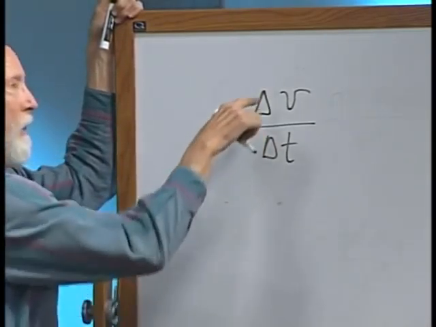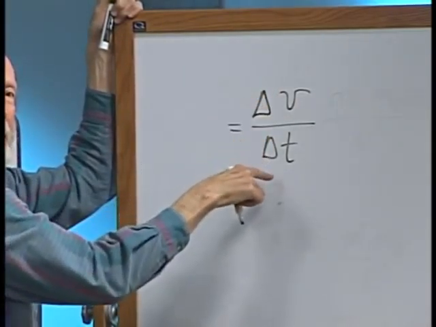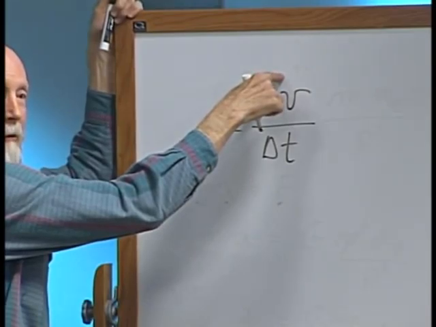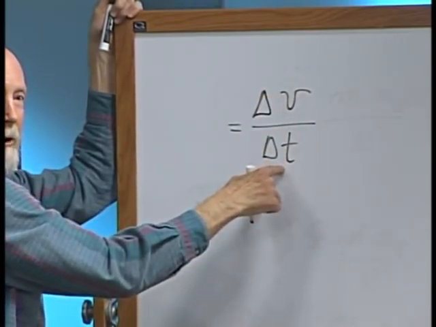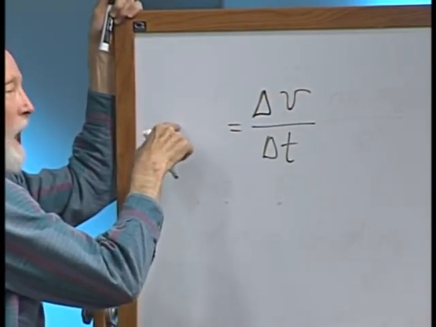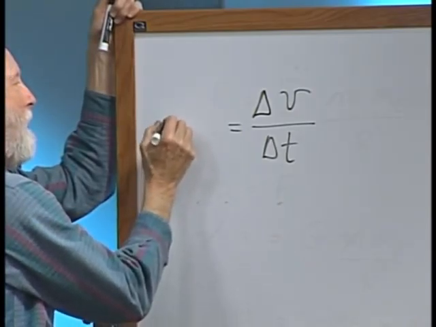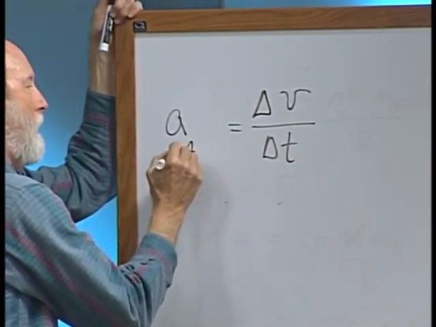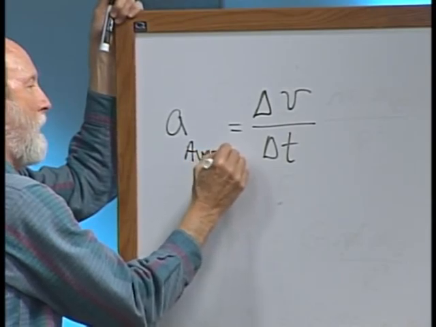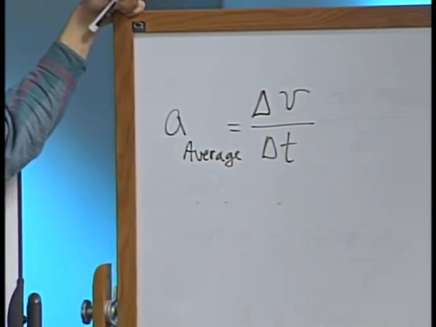And this is going to be called what? Finite change in velocity over finite change in time. Average acceleration.